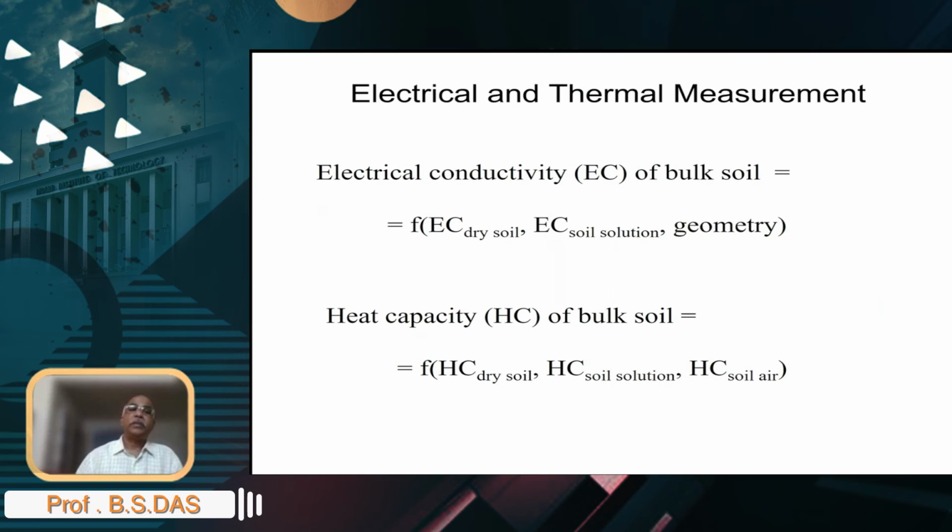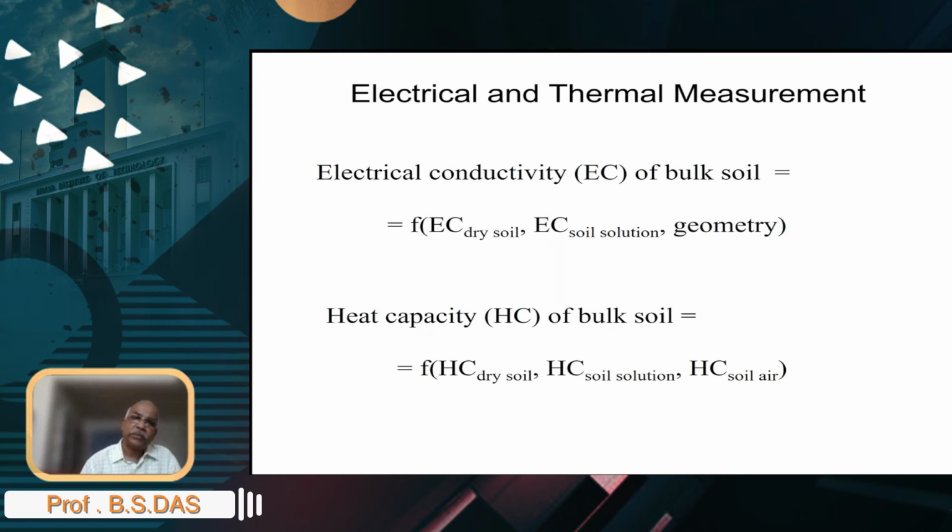Let's look at some of the easier, inexpensive ones, which are becoming very popular: those based on simple electrical conductivity or thermal property measurements. Two specifically are the electrical conductivity probes and the heat pulse probes.